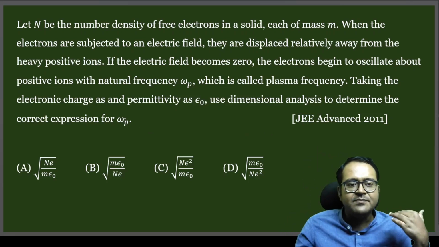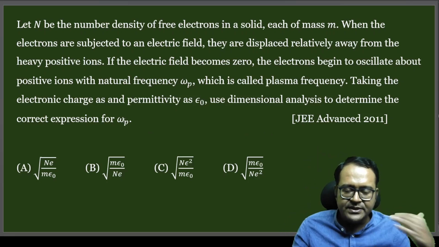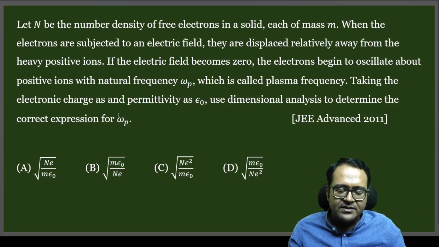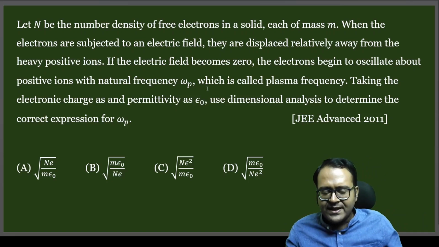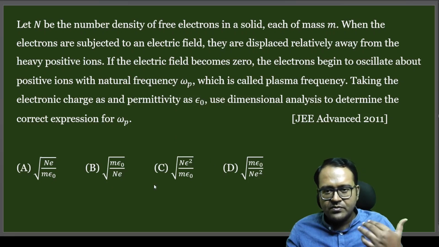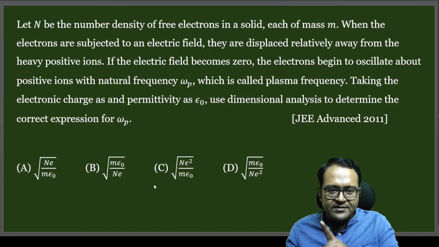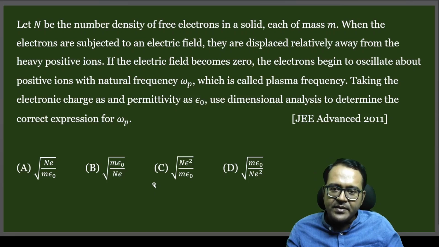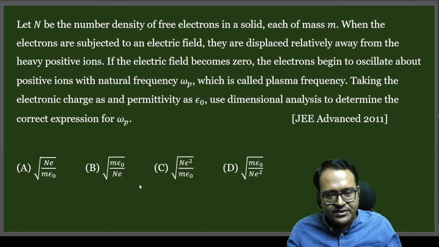For the plasma frequency, we need to find the dimension. It's a simple dimensional analysis to find the answer, because what I need to find is the correct expression for omega p, and that omega is nothing but a frequency itself.